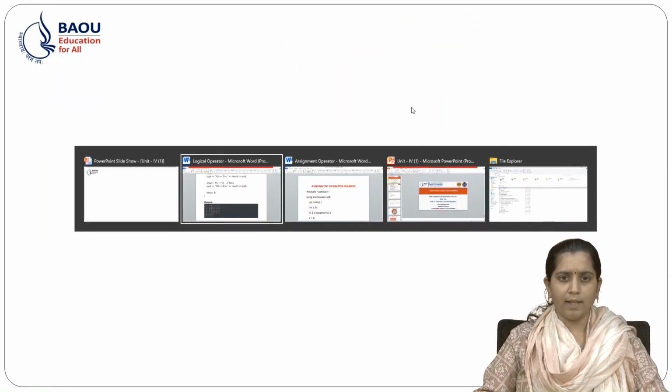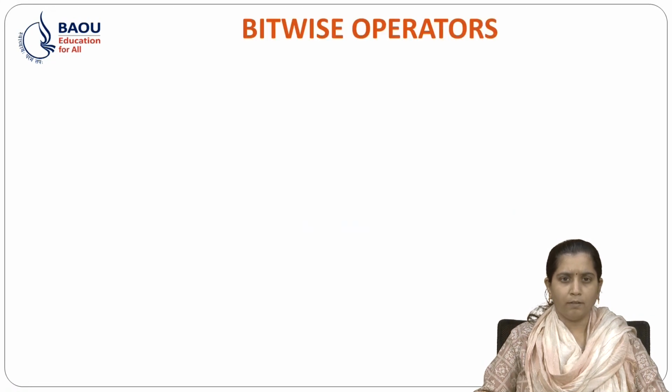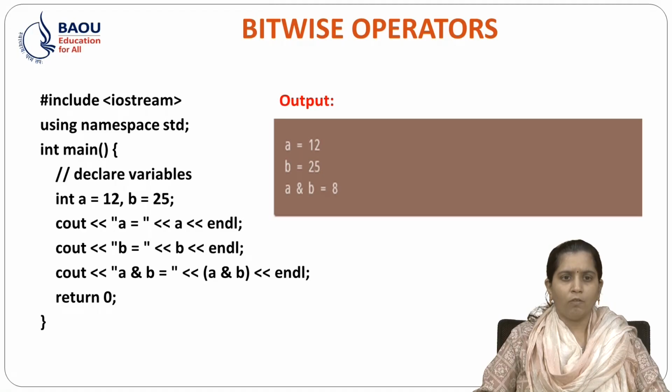Now let's see one example of a bitwise operator. Whatever I have done here is, I have taken two variables, int a is equal to 12 and b is equal to 25.